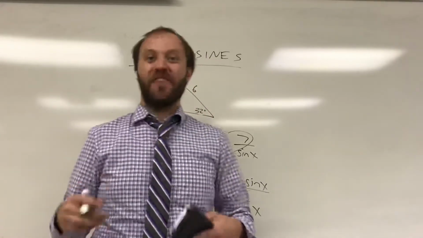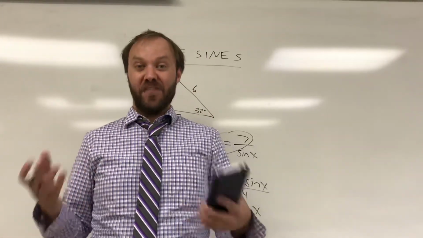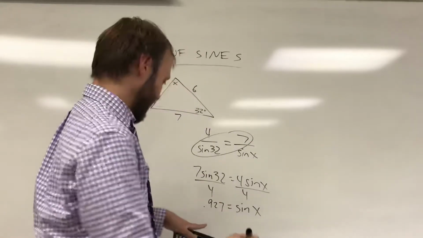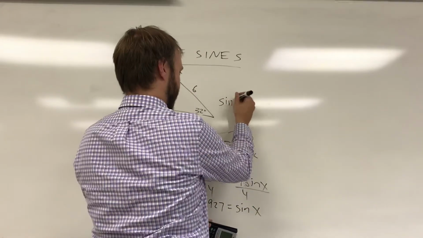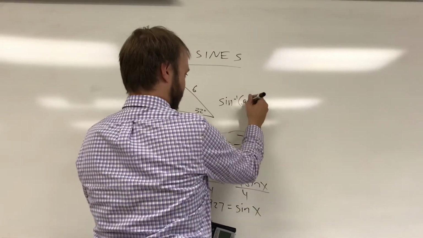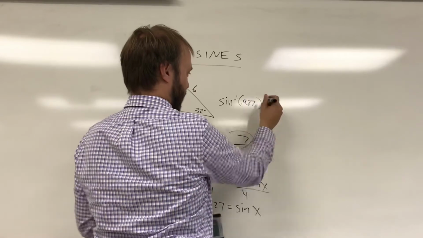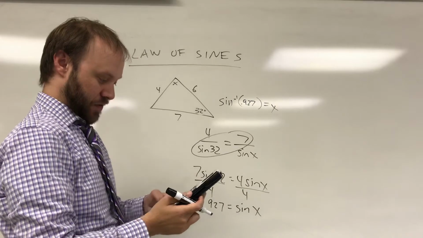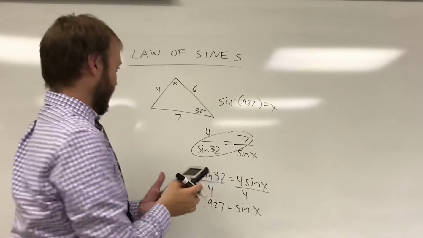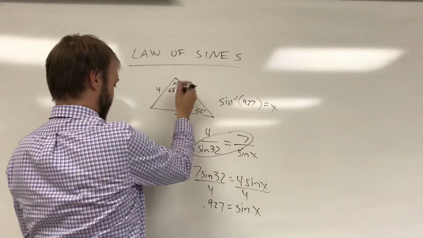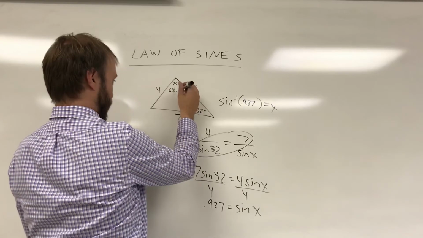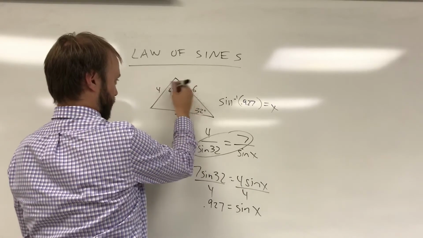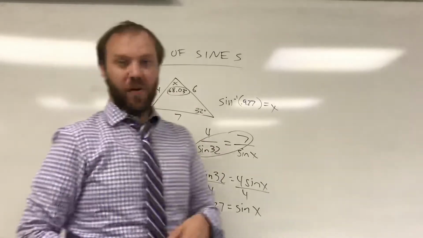Once again, we're trying to find an angle measure, so you're going to need that inverse sine, sometimes called the arc sine. So I'll take the inverse sine of 0.927. And again, I'm going to use the full number that's in my calculator instead of rounding, because you don't really want to round during the problem. And anyway, we're going to find out that that's about a 68.03 degree angle, okay?